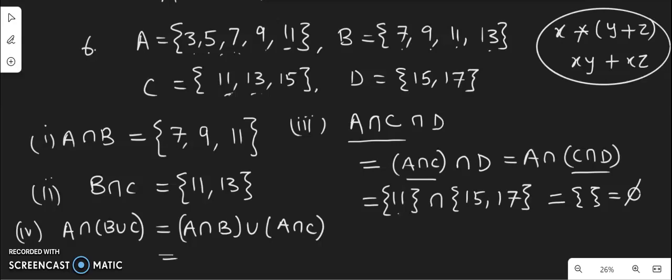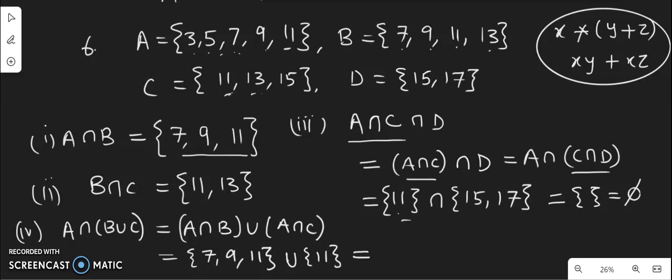So let us find A intersection B first of all. What is A intersection B? I have already solved it here: 7, 9, and 11. Then I've also solved A intersection C here, which is simply 11. Union of these. Now here you have to be careful. Union is different from intersection.